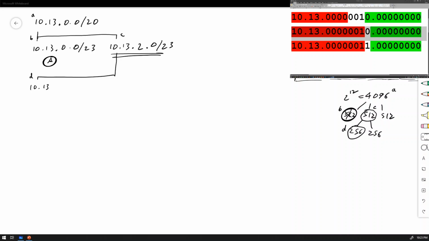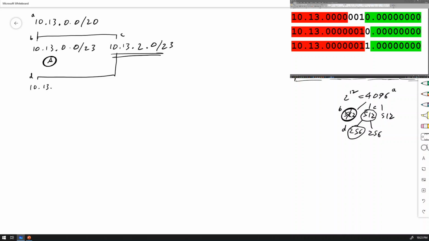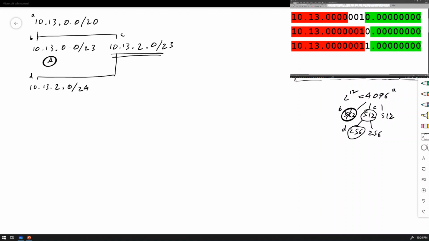So the first one, D, so the combination wise, the IP would be 10.13.2.0, and 256 requires 8 bits, so 24 is the subnet mask. So I am using this combination on the second line, this one, right? Okay, so let's see.